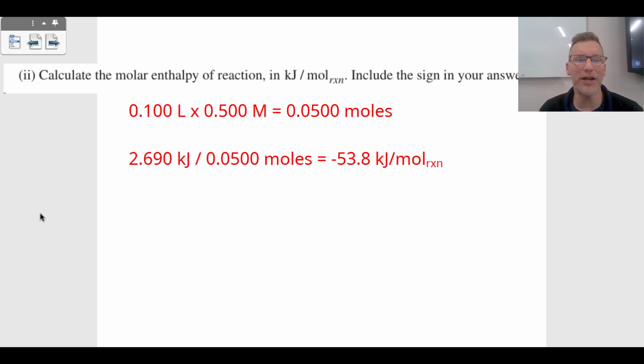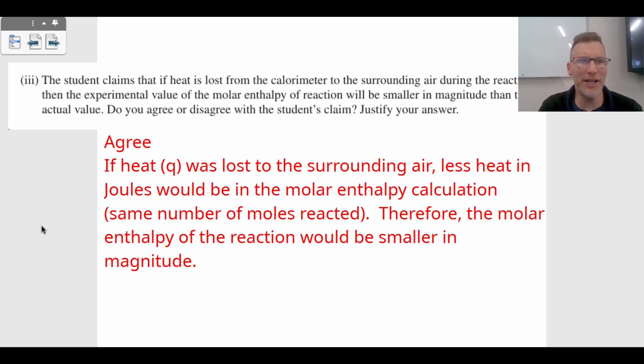So we take our heat from part 1, 2690 joules, and change that to 2.690 kilojoules. We divide by the limiting reactant's number of moles, and we get 53.8 kilojoules per mole, but it's negative because the temperature went up, therefore the reaction was exothermic. You have to have that negative. They're probably going to give you a point for that sign in your answer.